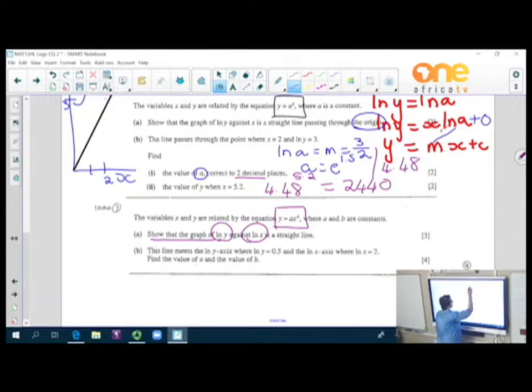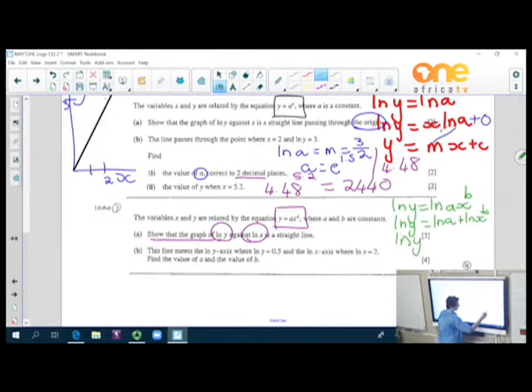So I'm going to ln both sides, and I'm going to say that ln y is equal to ln a x^b. Then ln y is equal to, because I multiply, I add, ln a plus ln x^b, and then I bring down the power.